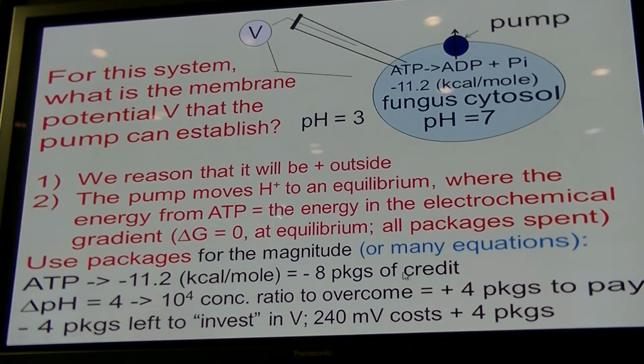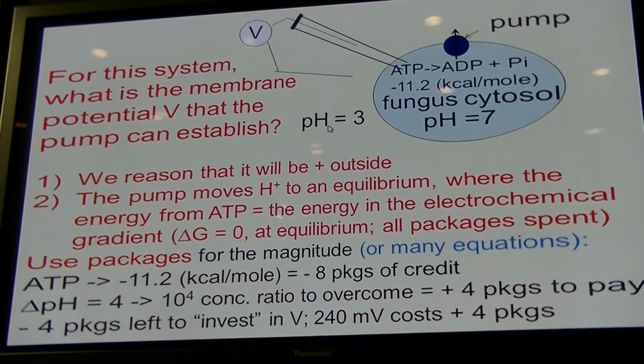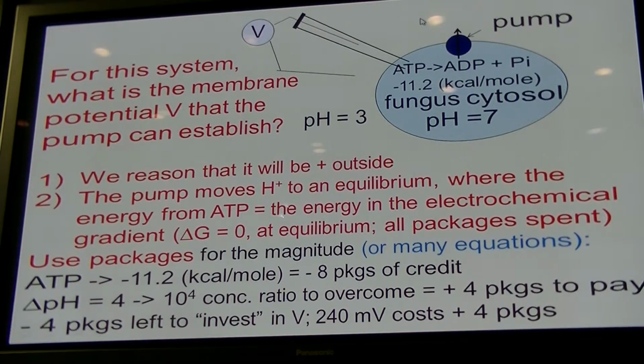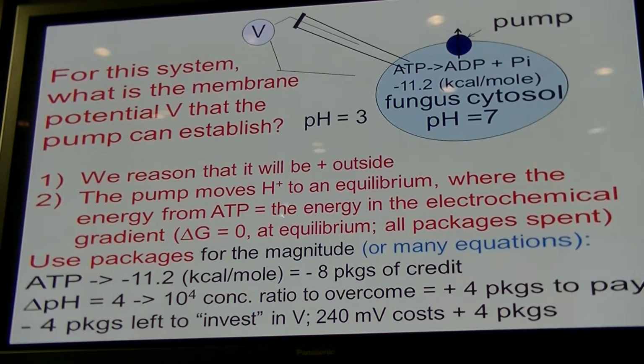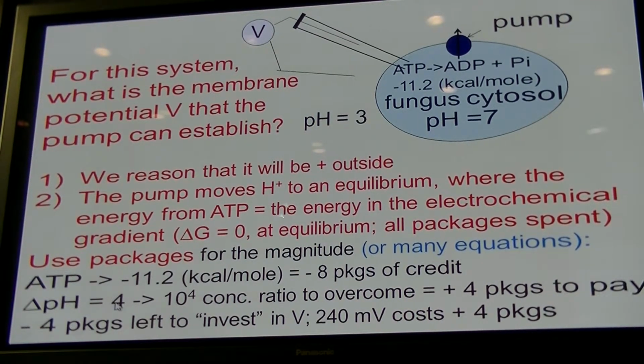Okay, we have energy to spend. To create that pH difference and to maintain it, to move an extra proton out, you have to invest plus 4 packages because it's a 10 to the 4th concentration ratio. It's the exponent 4 that matters. So that's plus 4 packages.